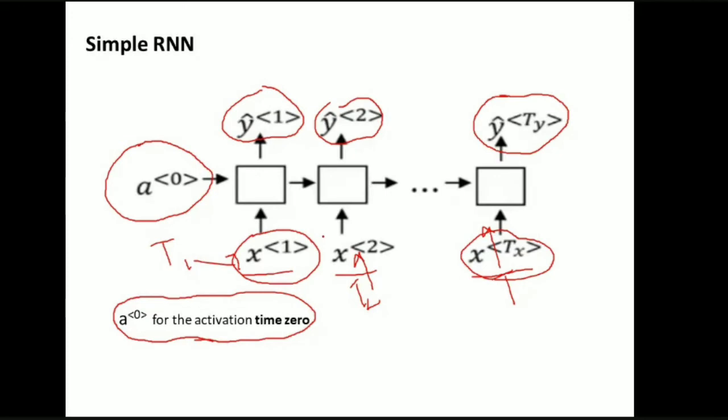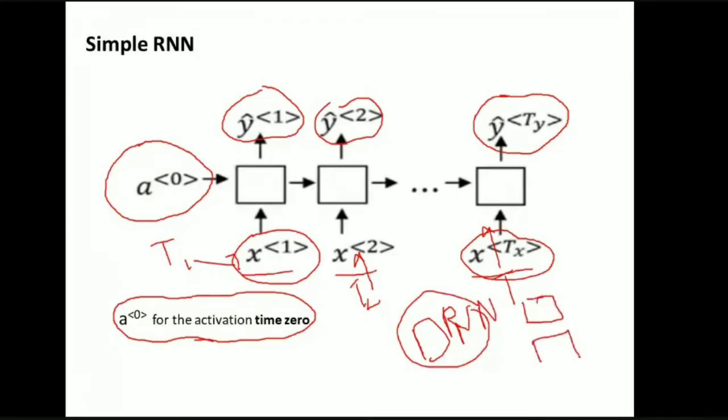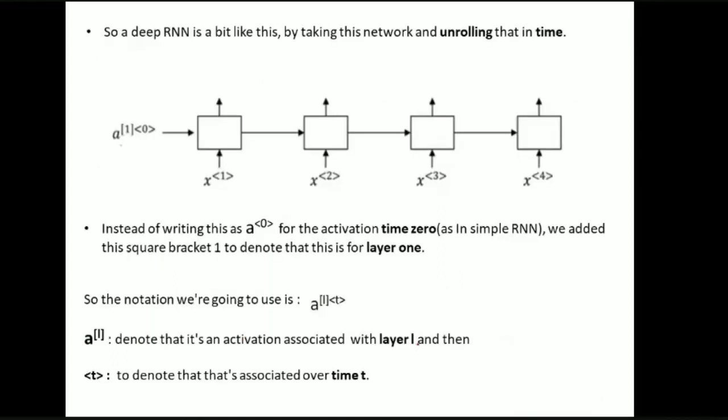But now, what did we say about deep RNN? For this simple RNN to be a deep RNN, we have to stack up the layers of these RNN units, one on top of the other. Then this becomes a deep RNN. This is an example of a deep RNN which we have unrolled in time.